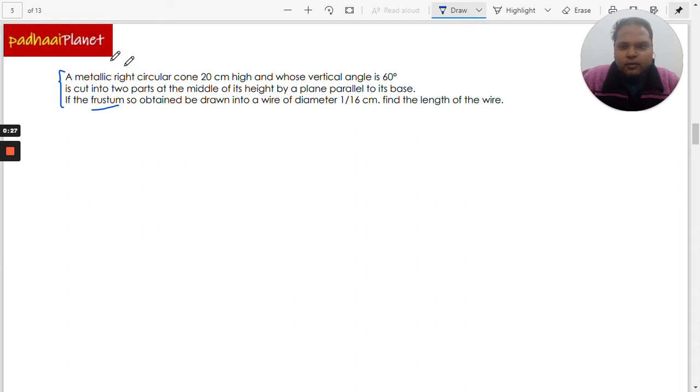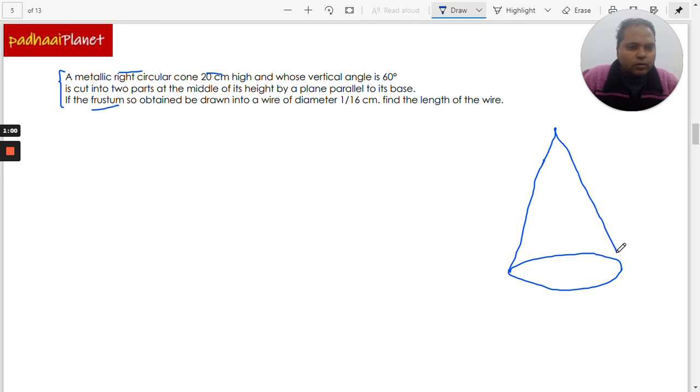So the question says that there is a metallic right circular cone that's 20 centimeter high. So first let's draw the cone, and that's the base of the cone. Suppose this is the height, this is the top point of the cone, and then I connect this with this, and this point is also connected with this point.